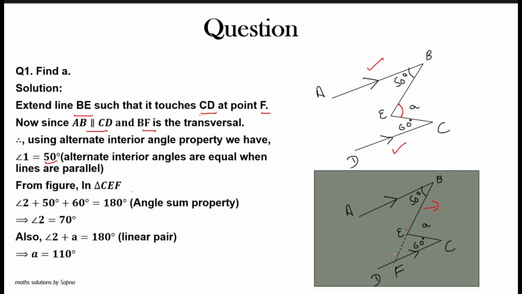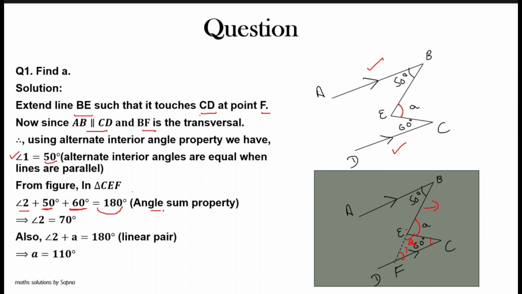So this was our angle 1 which we have figured out, which is 50 degrees. This is 60 degrees and I'm assuming this angle to be angle 2, right? And this was A. So in triangle CEF, angle 2 plus 50 degrees, which is angle 1's value we figured out, plus 60 degrees which is already given, their sum would be equal to 180 degrees.